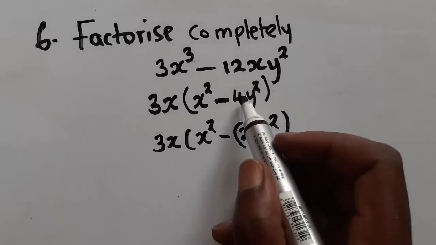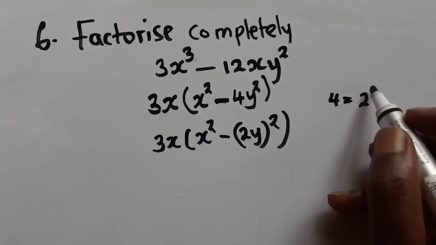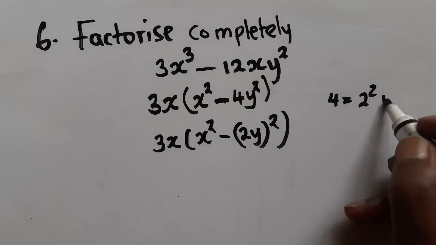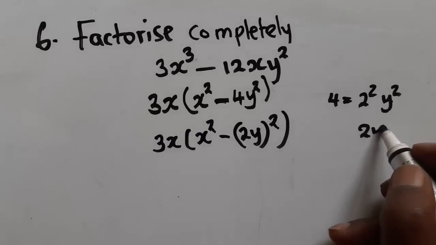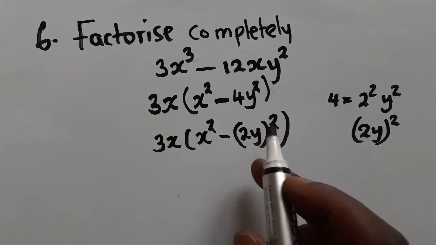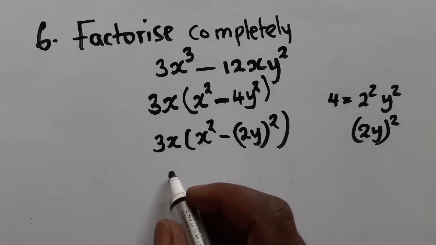Okay, you square 4 also. 4 can also be written as 2 squared, then you have y squared. Both of them are squared, so you can put them in brackets and bring the square outside. Okay, so now when you check what is in the brackets, we have a difference of 2 squares.